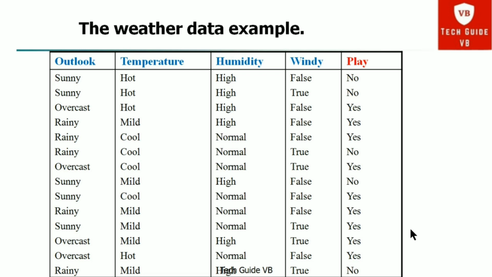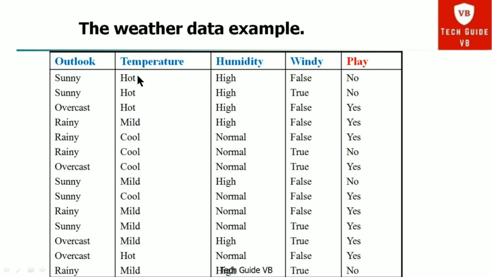This example is for whether play is possible or not if there is a playground. Depending on these 4 factors, that is outlook, temperature, humidity and windy, we can decide whether play is possible or not, yes or no.